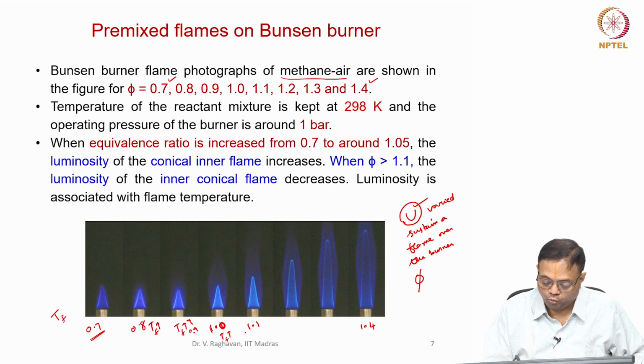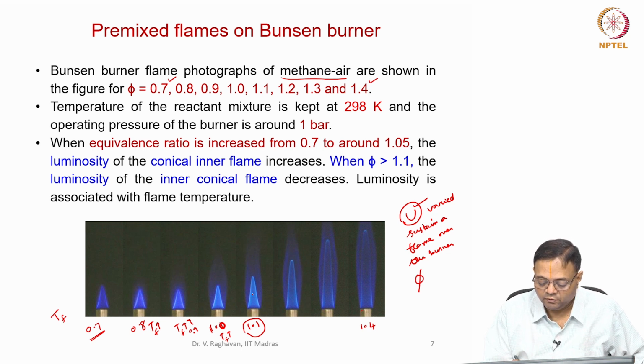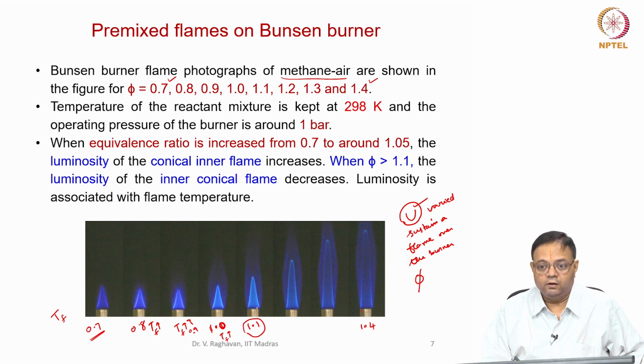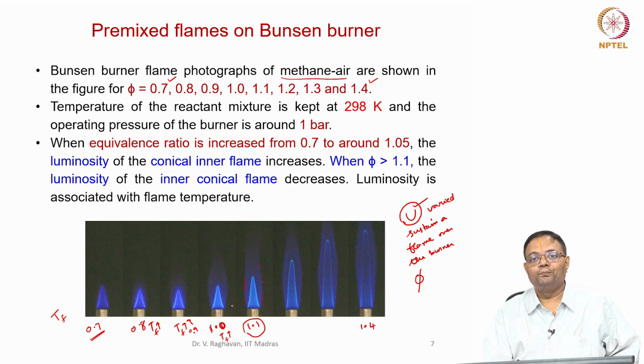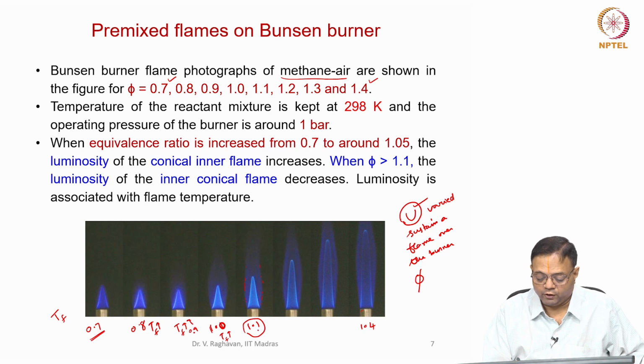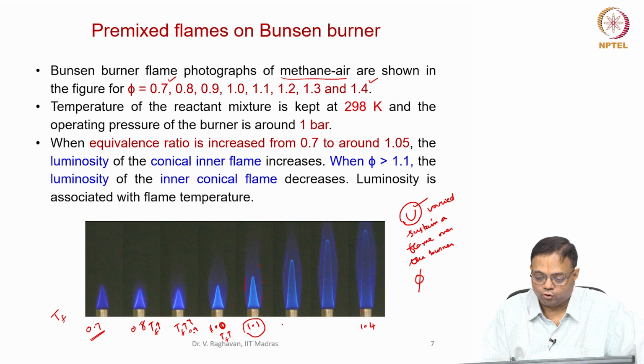Now, go to 1.1. Again you see similar brightness and similar thickness of the flame, and you can now see an outer mantle, the diffusion flame. Here it is dull, but you can see a lot of reaction occurring beyond the flame also, because at 1.1 a good amount of fuel comes out and burns surrounding the conical flame, and the diffusion flame becomes stronger when you go to, say, 1.2.